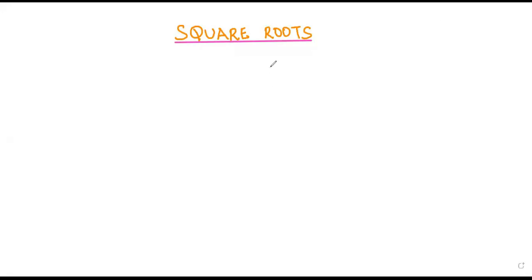Okay, so today we are going to look at square roots. Okay, now I want you to first look at when we have 1 times 1.